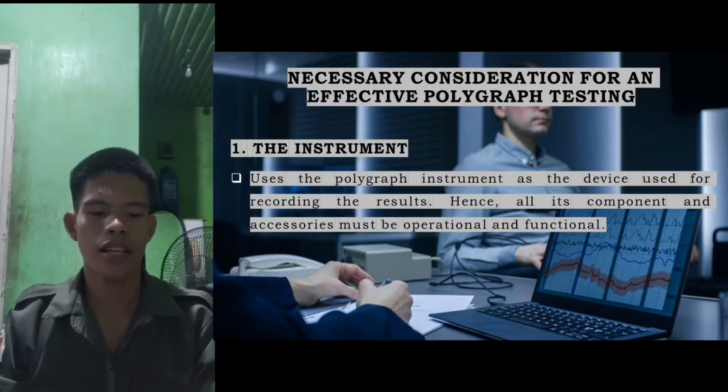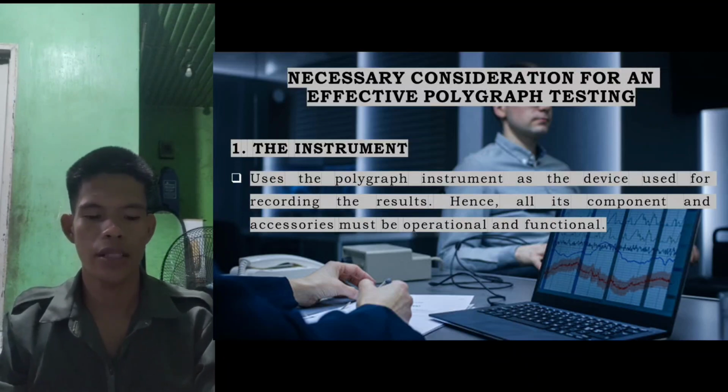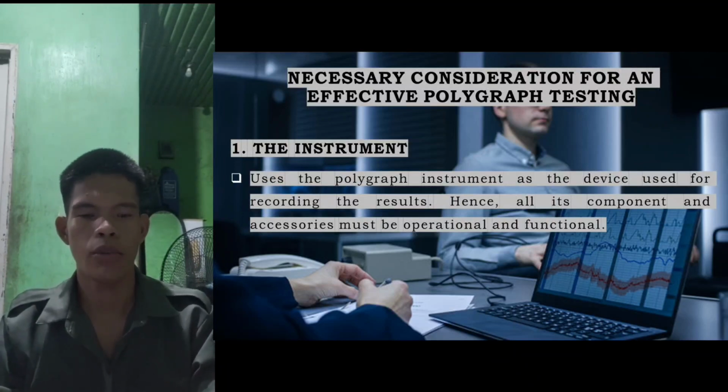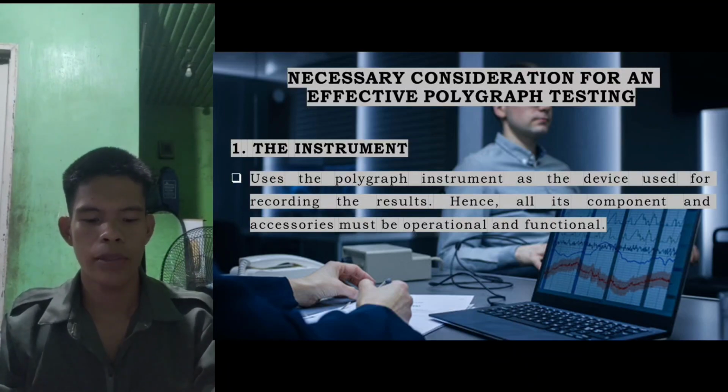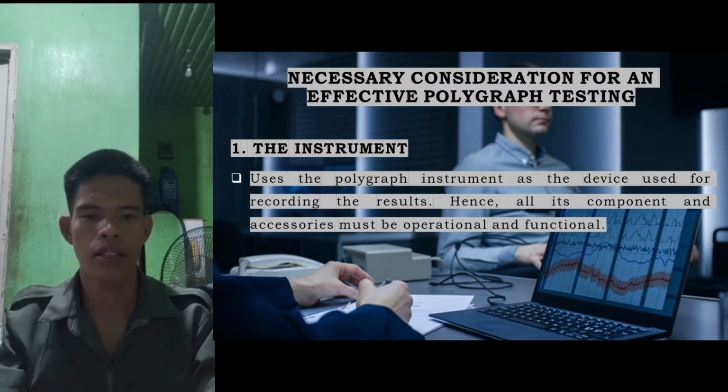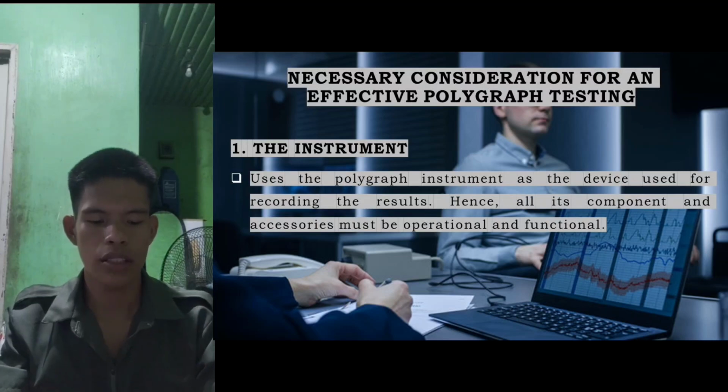What are the necessary considerations for an effective polygraph testing? Number 1, the instrument. Polygraph examination uses the polygraph instrument as the device for recording the result. Hence, all its components and accessories must be operational and functional. The examiners should check the sensors, transducers attached to the body of the subject.